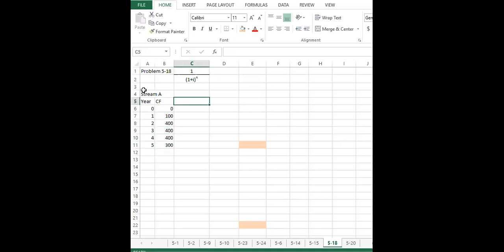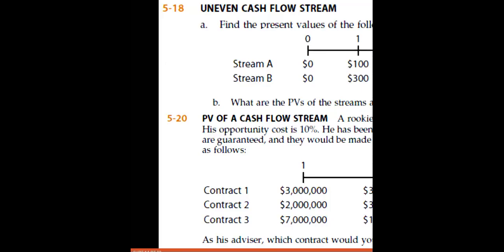Okay, so first of all we have to calculate the present value factor. And here is the formula to calculate present value factor. Okay, PVF is equal to 1 divided by 1 plus the interest rate, which was 8%.